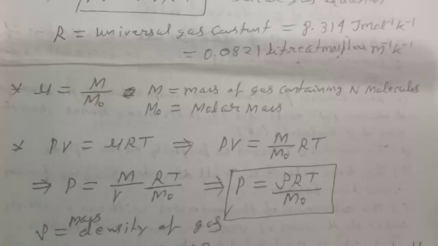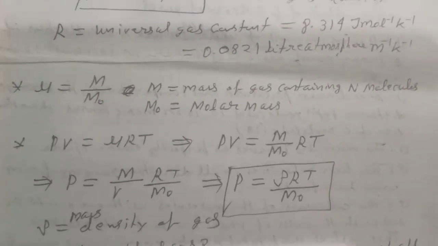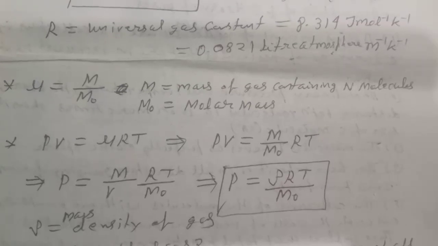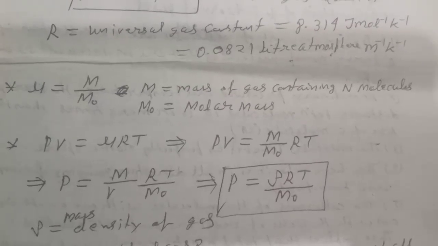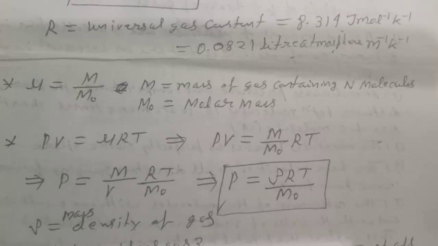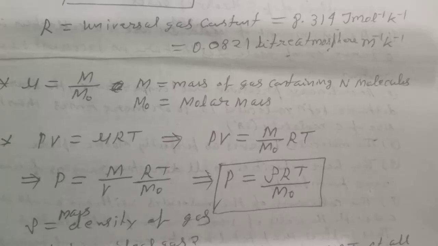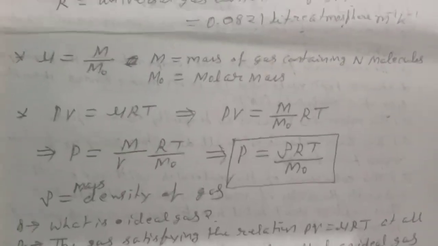Again, mu equals m/m_0, where m is the given mass and m_0 is the molecular mass or molar mass. m is the mass of gas containing n molecules, and m_0 is the molar mass.